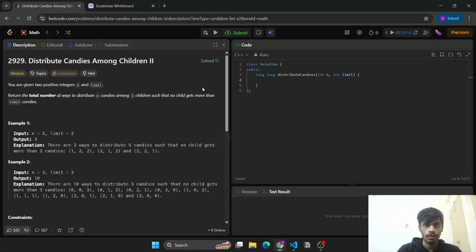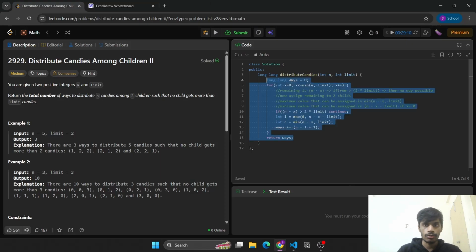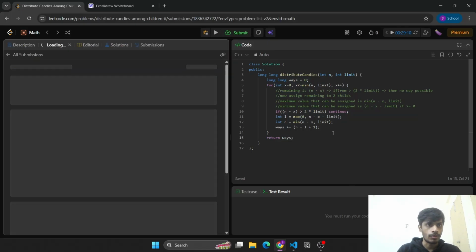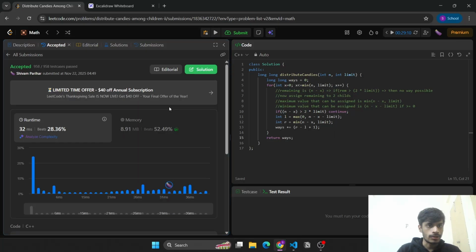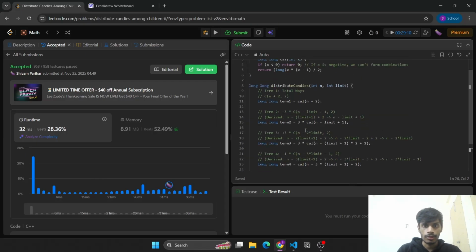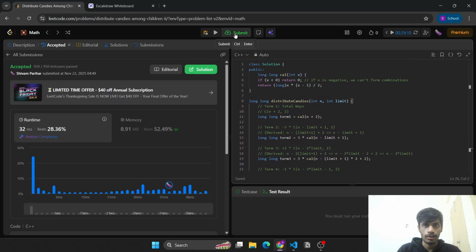Before that, let's try to submit the code of complexity big O of limit, and then we'll see how well the constant time solution performs. As you can see, this beats only 28% of the runtime, and let's try to run this code.